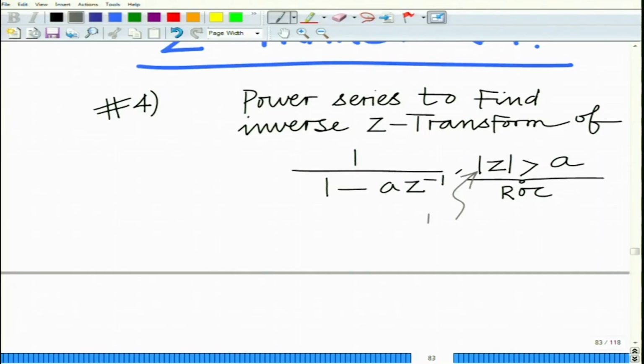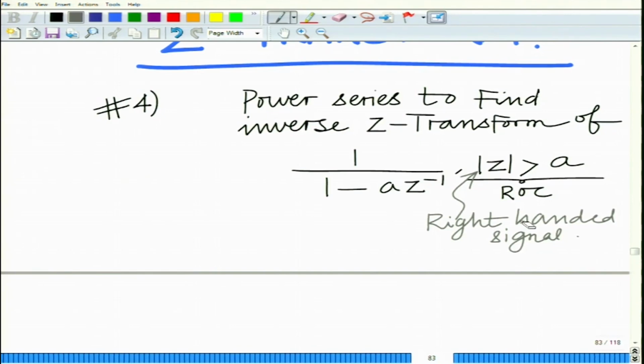This is a right handed signal, or a right sided sequence, correct. The kind of signal that we have here is a right handed signal.